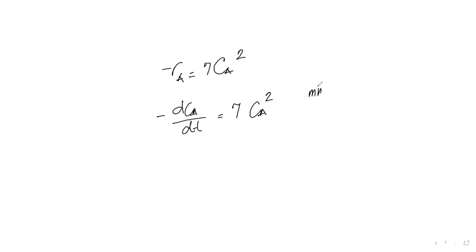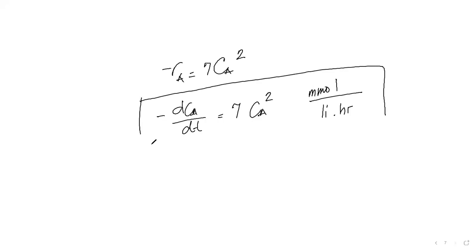Since you're using millimole per liter, and our time there is hour, I think, since our volumetric flow rate is in hour. So this is our rate equation. You took it from the performance equation of your MFR.